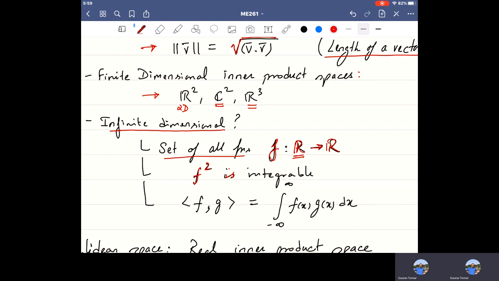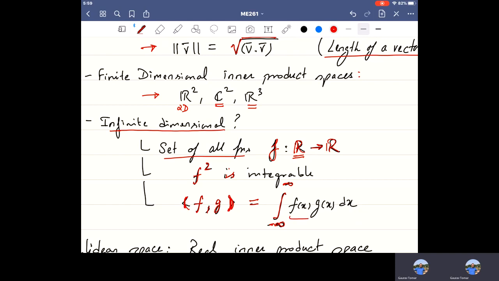And then the inner product can be defined as, I've used angle brackets here, but let's say we use parentheses, like this. So the inner product of f comma g can be defined as an integral. I've chosen the limits here as minus infinity to infinity, but they need not be the same limits.